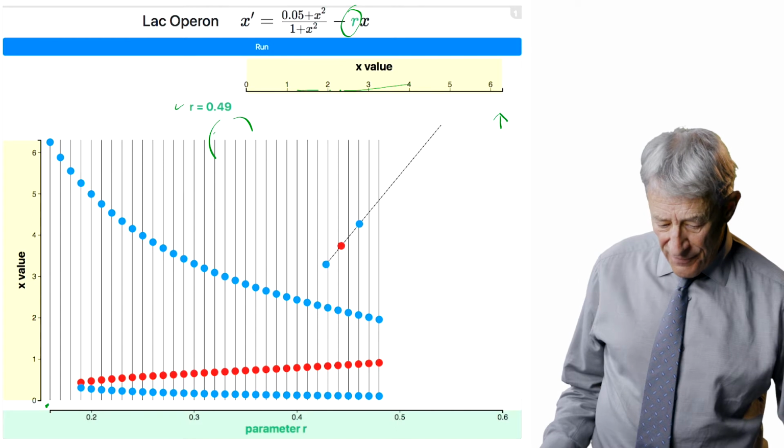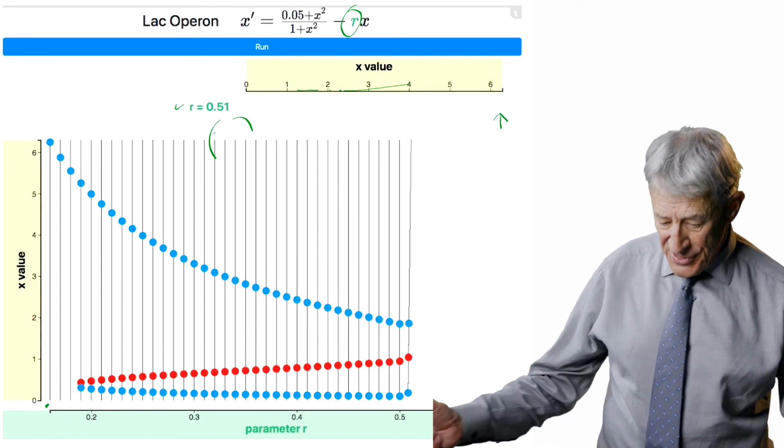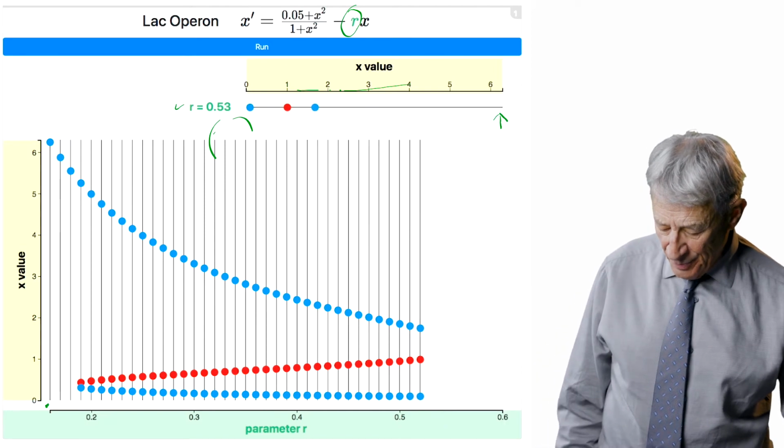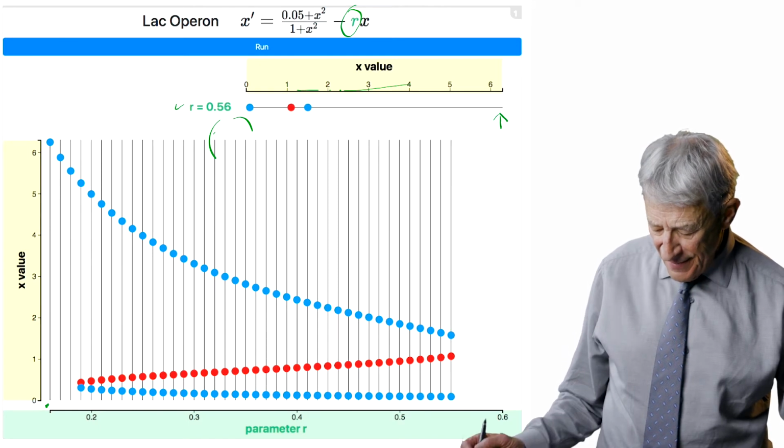So that's still 0.5. And again, still they're separating. And now 0.54, 0.55.